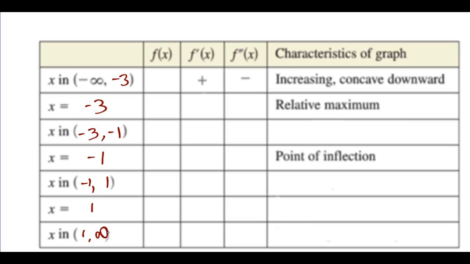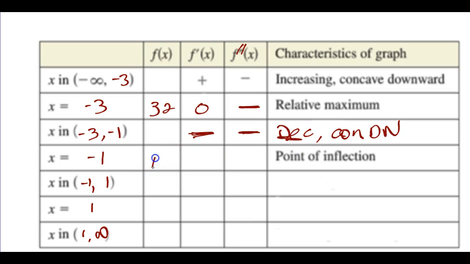And you can go back here and say, well, at -3, we decided this was a 32 because of the previous slide. That gave us a 0, and the second derivative was negative, so this is concave down. The first derivative was negative as well, so it's decreasing.